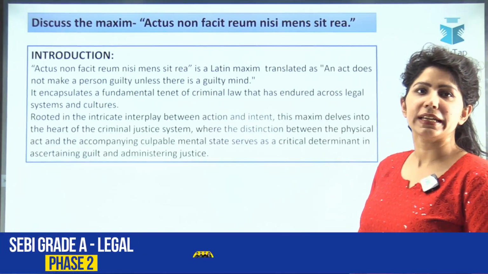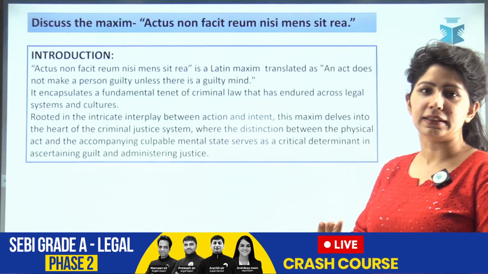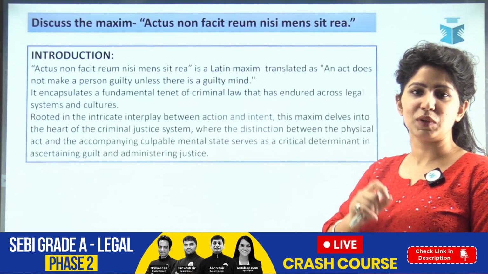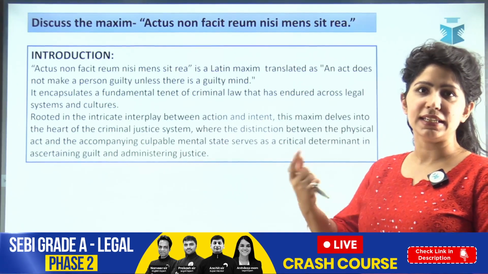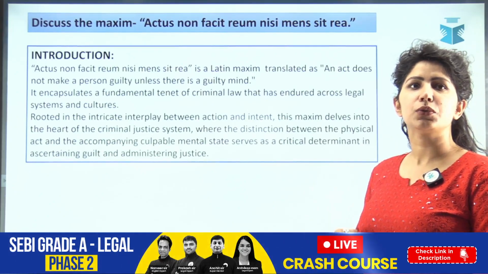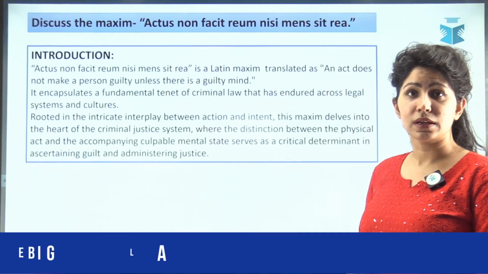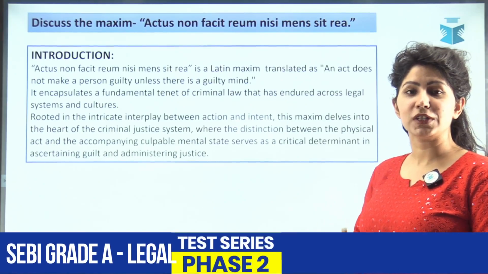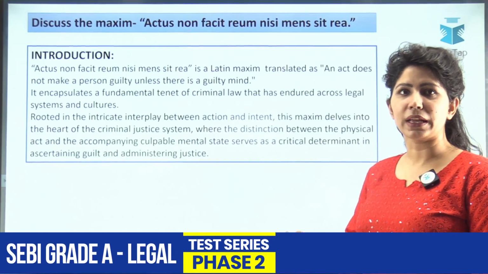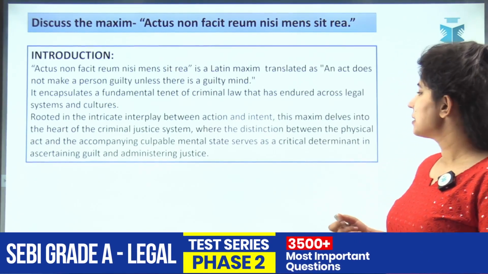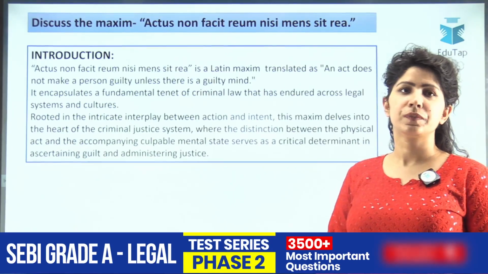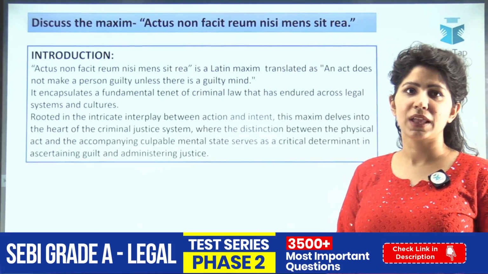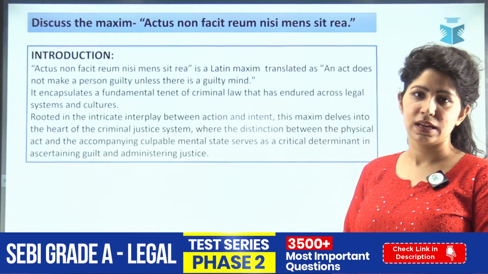Rooted in the intricate interplay between action and intent. Action, that is the criminal action or the act, and intent. This maxim delves into the heart of the criminal justice system, where the distinction between the physical act and the accompanying culpable mental state serves as a critical determinant in ascertaining guilt and administering justice.